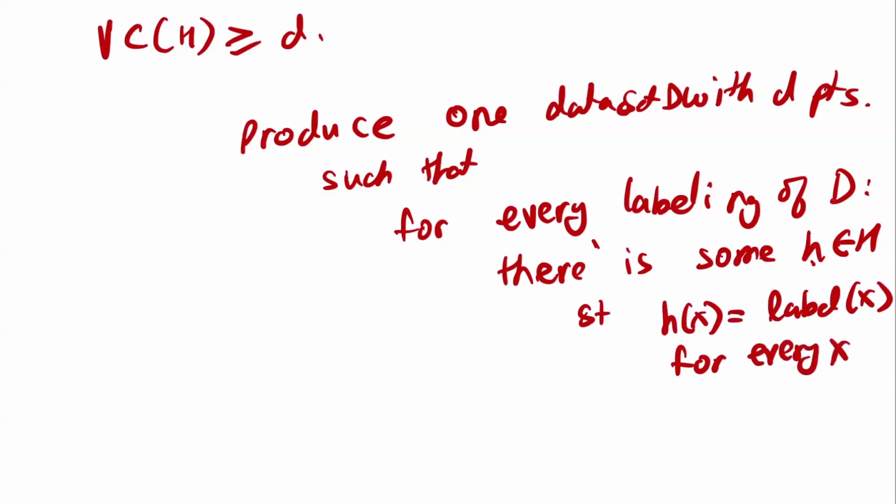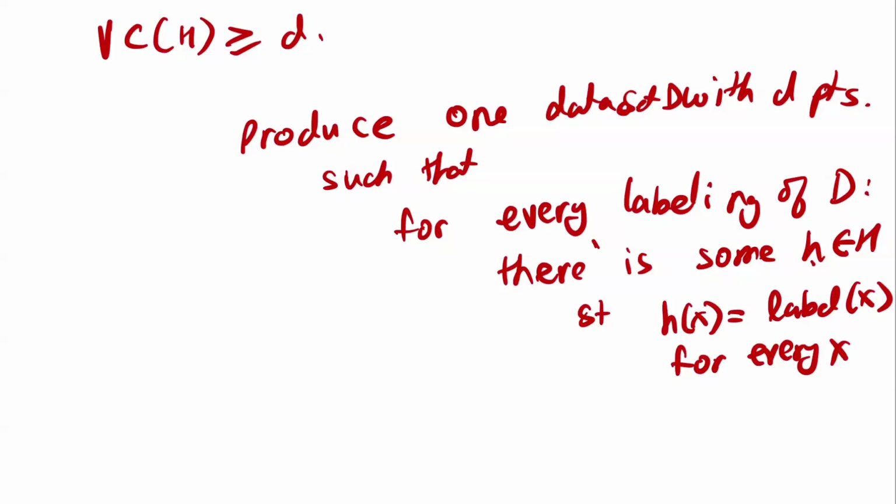So there's a reason why I'm going this way. To show that the VC dimension is greater than or equal to D, I need to produce one data set with that many points, such that no matter how you label those points, which means you need to enumerate every labeling, there is some function such that for every example, the function agrees with the label.